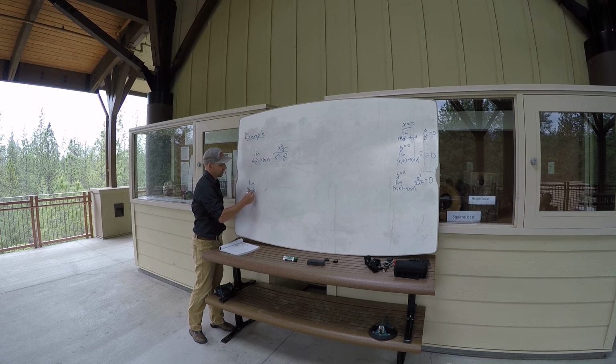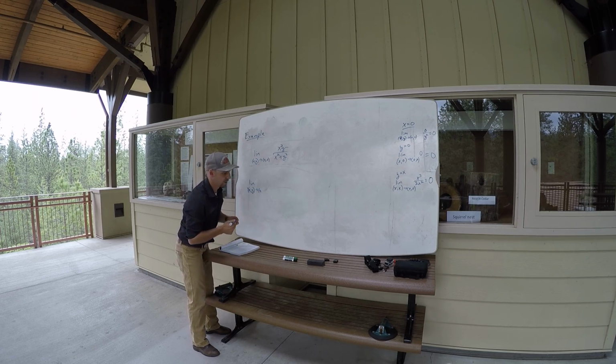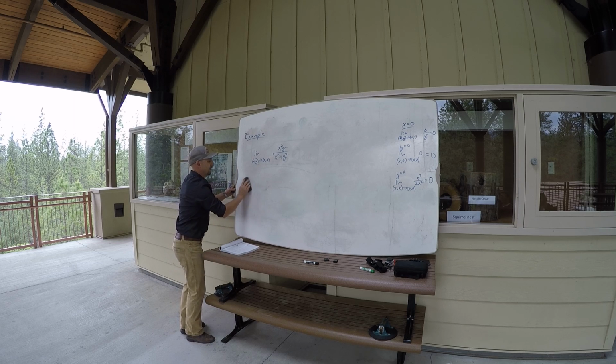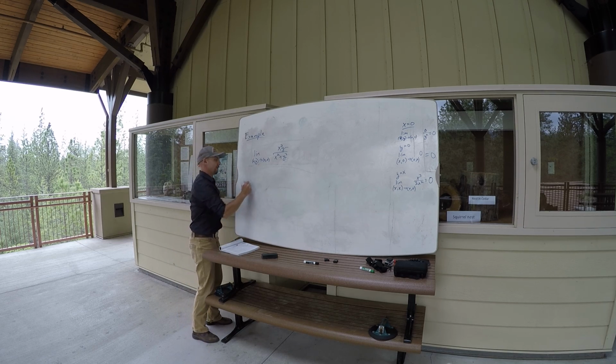So I'm going to take x squared y over x squared plus y squared and subtract my supposed limit.